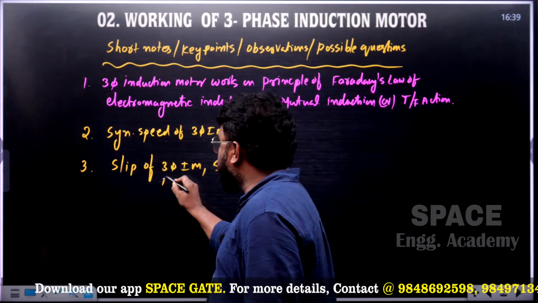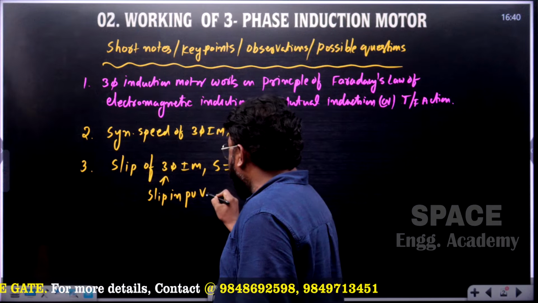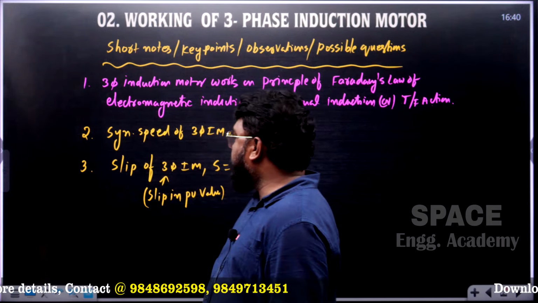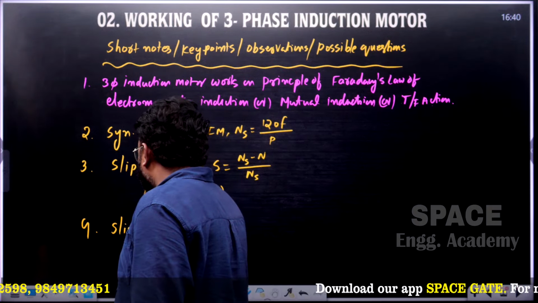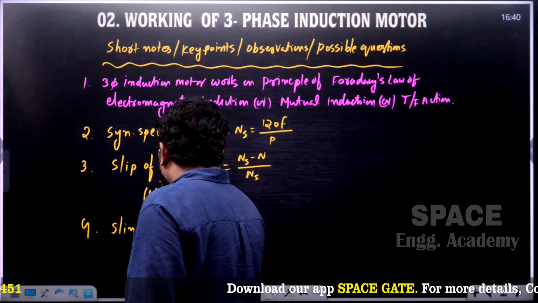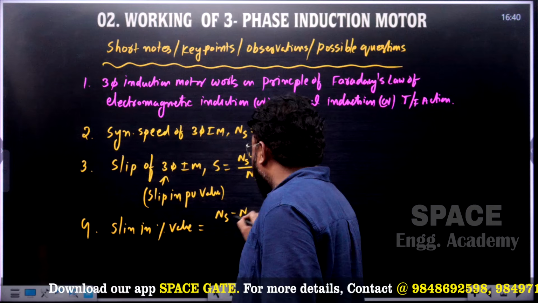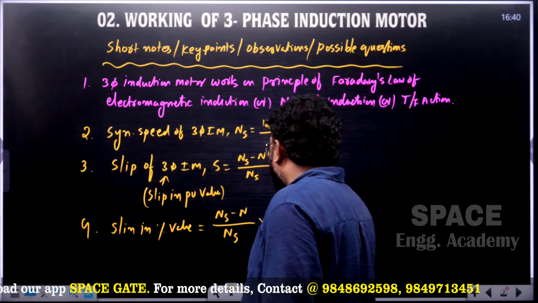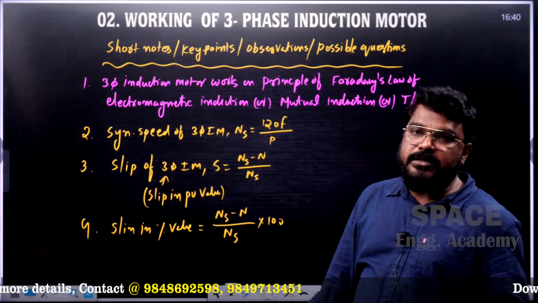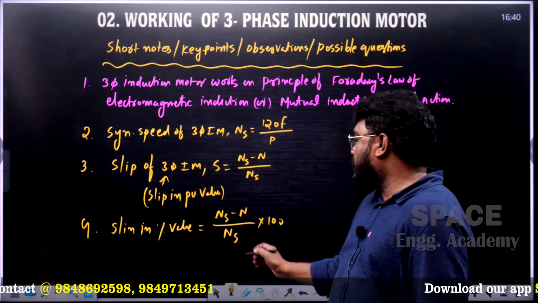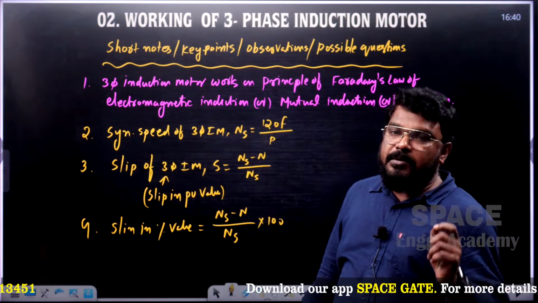Sometimes slip is asked in percentage, so then we calculate it as: slip in percentage is equal to (Ns minus N) divided by Ns multiplied by 100, where Ns is the synchronous speed and N is the rotor speed. So this is the slip of the motor in percentage.